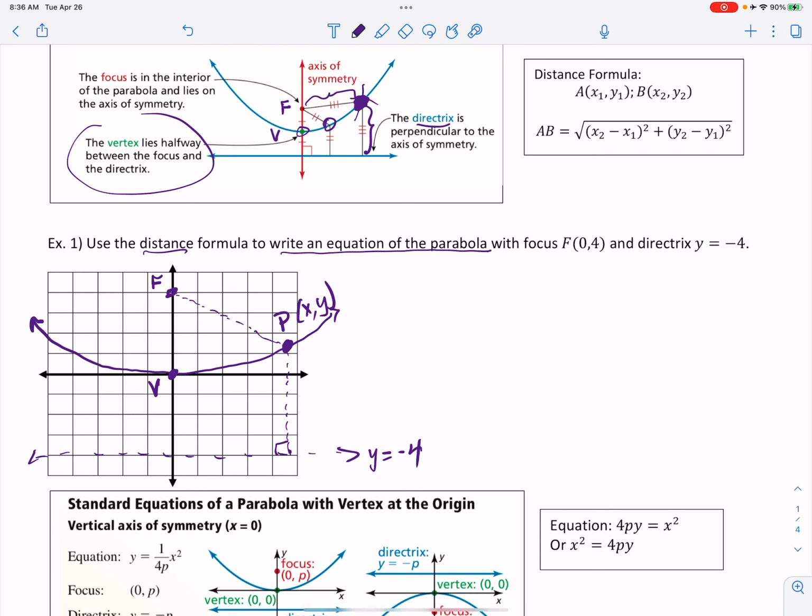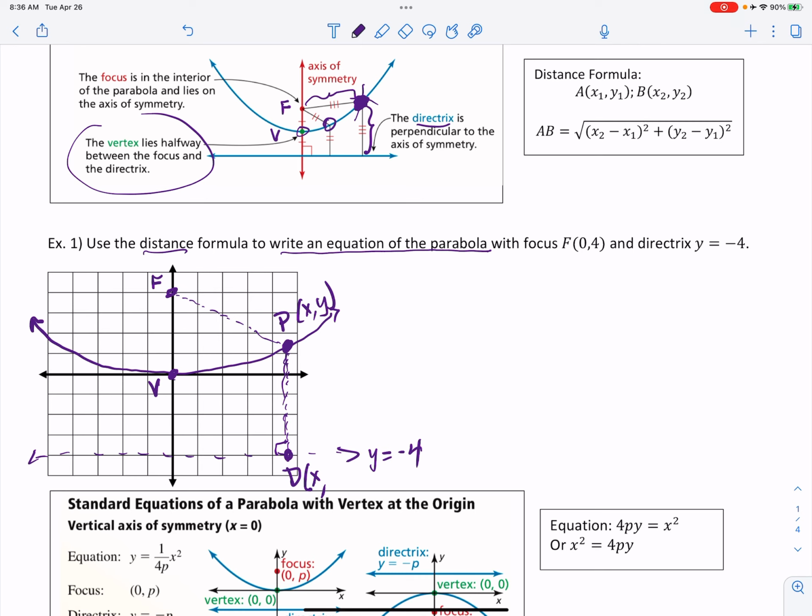We have to drop a perpendicular, and I'm going to call this point D. Since from the origin (0, 0) you go the same distance to the right to get to P, you're going the same distance to the right to get to D, meaning that the x-coordinate of D has to be the same as P, because P is right above it.